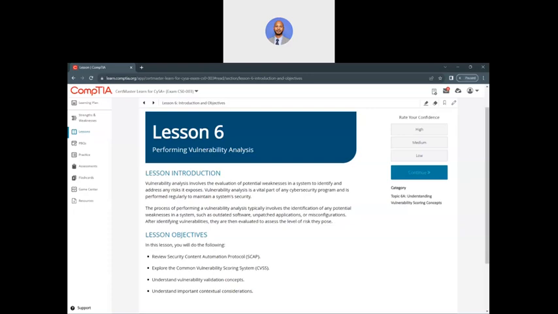So just to give a little bit of background, in the last lesson, we learned about why vulnerability analysis and vulnerability assessments are done in organizations.